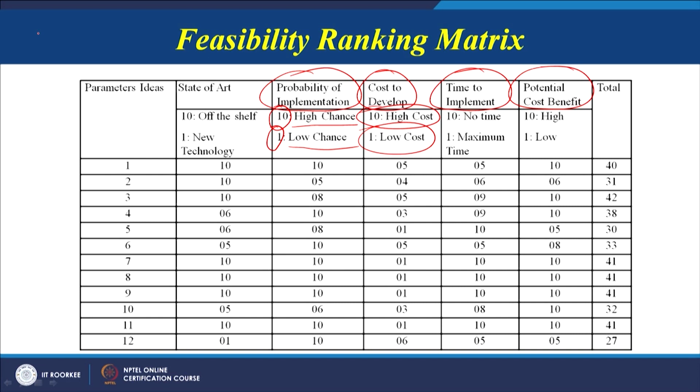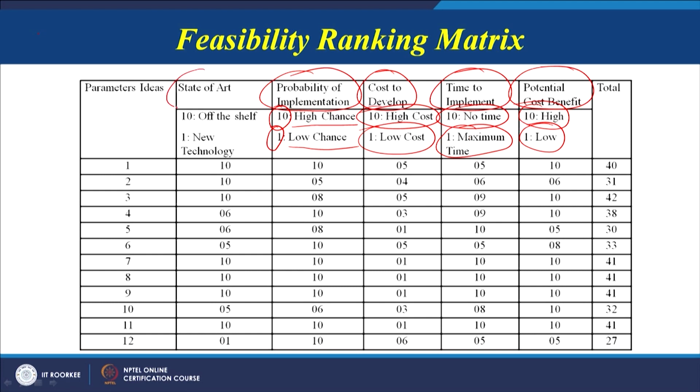The next is time to implement. If there is no time to implement, which means we can readily implement our idea, the score will be 10, but if it will take a lot of time to implement, there will be a lower score, that is 1. Similarly, potential cost benefit: if the cost benefits are high, the score is 10; if the cost benefits are low, the score is 1.